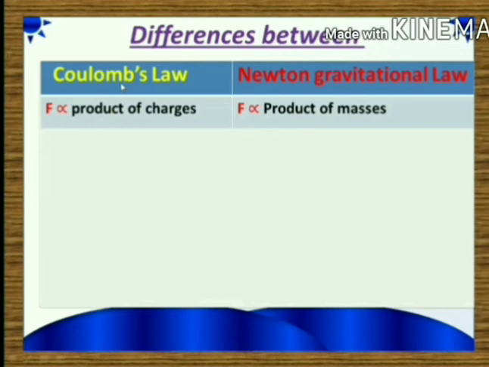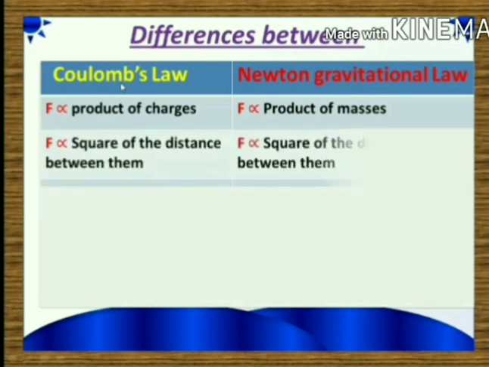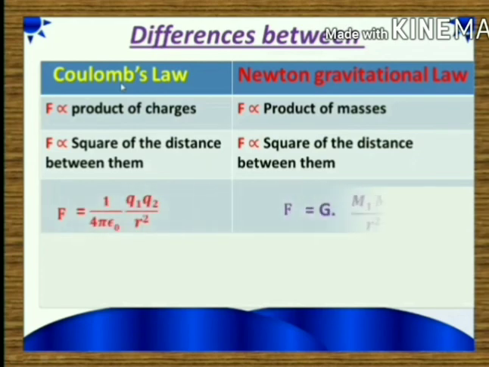According to Coulomb's law, force is inversely proportional to the square of the distance. Similarly, in Newton's law, it is inversely proportional to the square of the distance. Formula: F equals 1 by 4 pi epsilon naught q1 q2 by r square. Here, F equals G m1 m2 by r square.